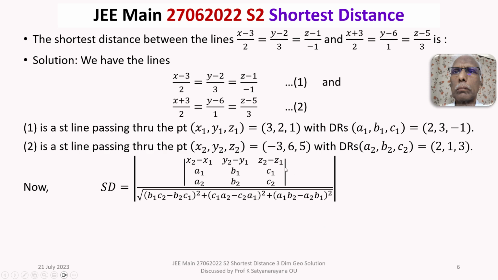The numerator is a 3 by 3 determinant whose first row is x2 minus x1, y2 minus y1, z2 minus z1, second row a1, b1, c1, third row a2, b2, c2, divided by the denominator, the square root of (b1 c2 minus b2 c1) whole square plus (c1 a2 minus c2 a1) whole square plus (a1 b2 minus a2 b1) whole square.